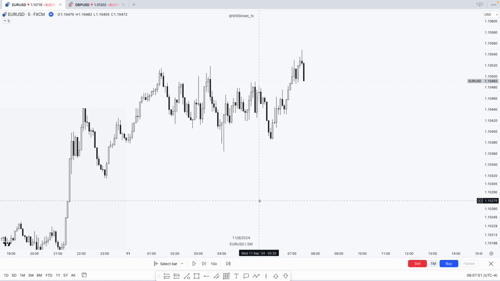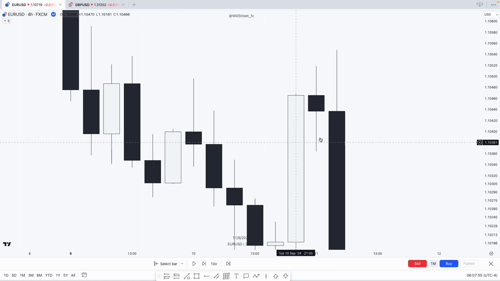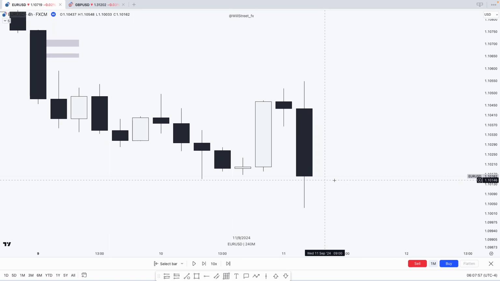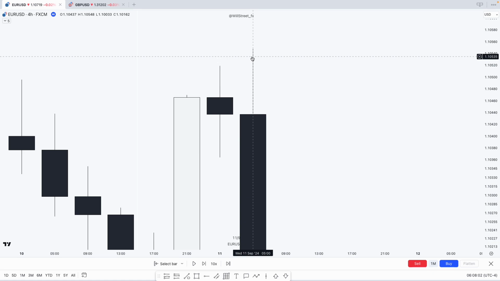So let's find our entry. Remember, this is the CPI session, okay? The CPI day on this candle.